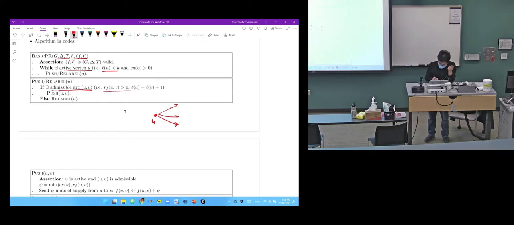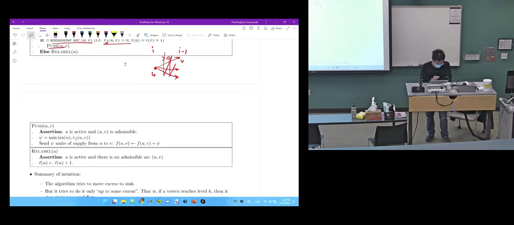If there is an edge in the residual graph that has residual capacity more than 0, and the other endpoint is one level below, like this is level i and this is level i minus 1, then you push. Otherwise, if there is no admissible arc at all, you relabel.